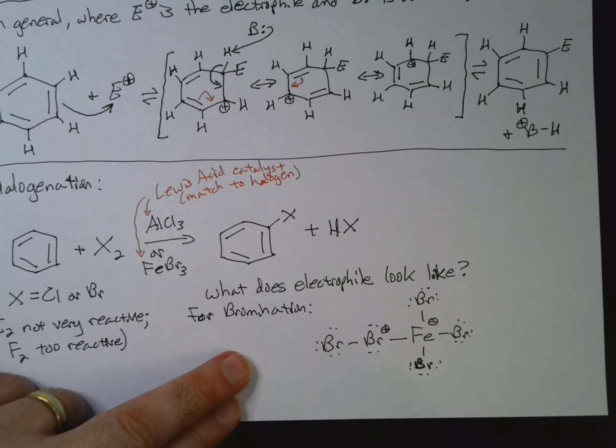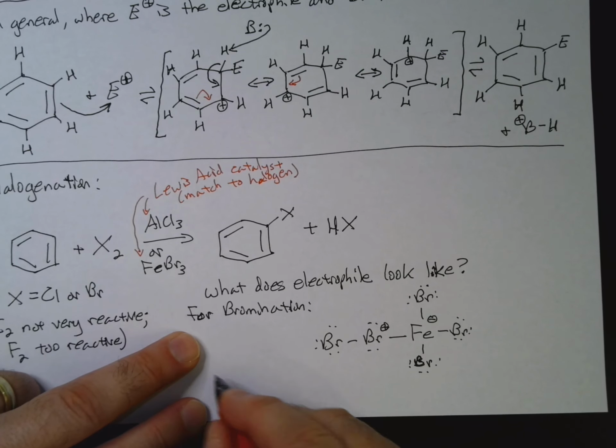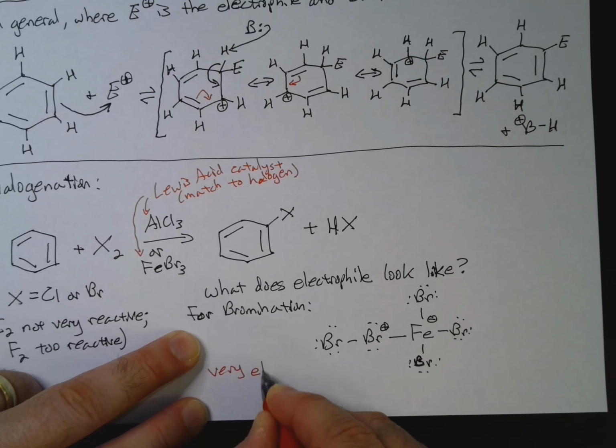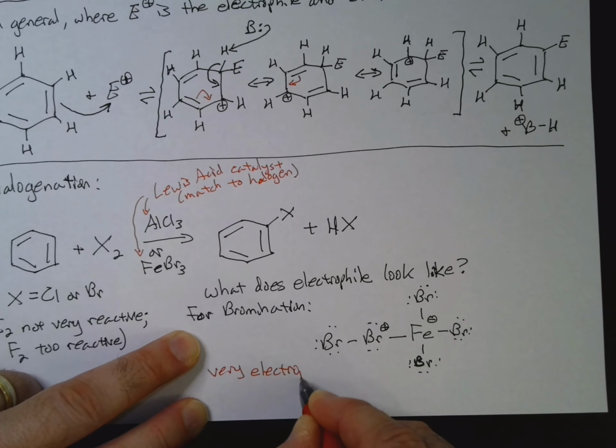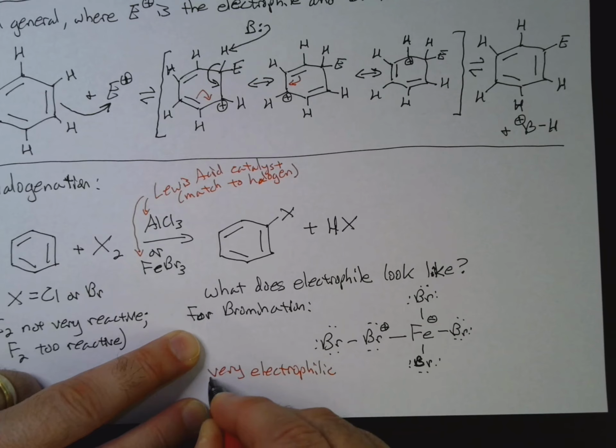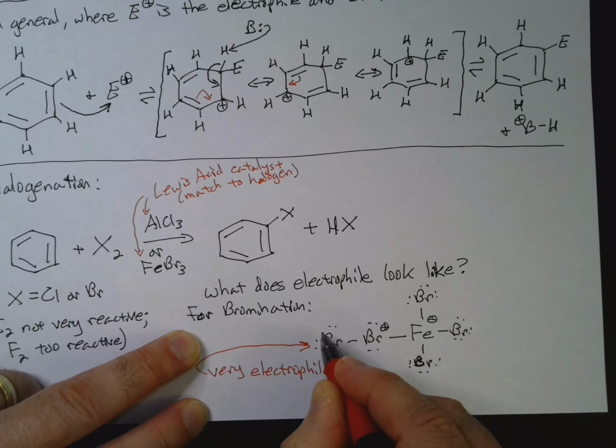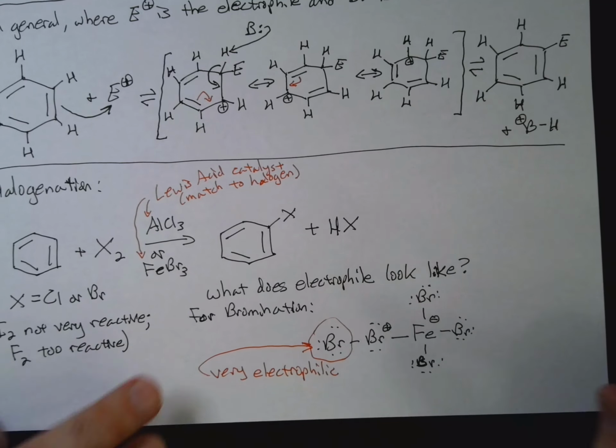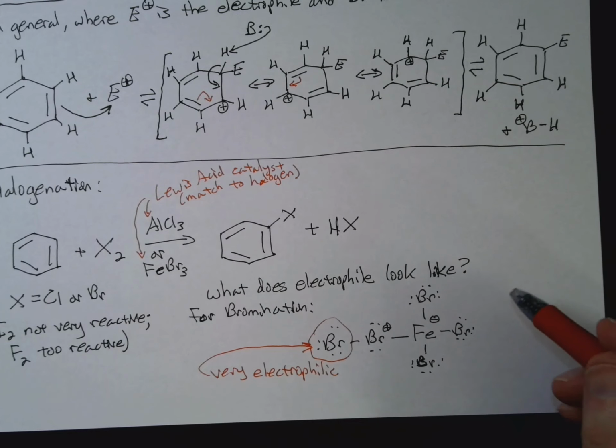Okay, so that bromine specifically is going to be very electrophilic. Why?